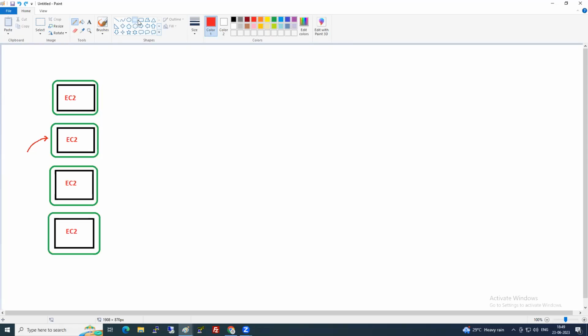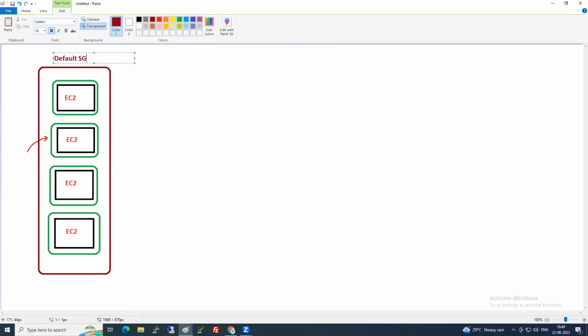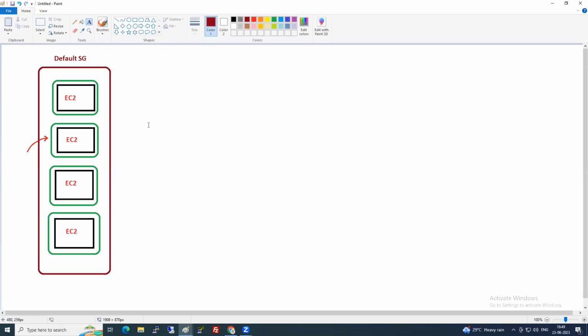Instead, I'll be using the default security group for all the EC2 instances, until you are familiar. If you create multiple security groups, you will get confused about which security group to add the rules to. For that reason, I'll be going with the default security group.